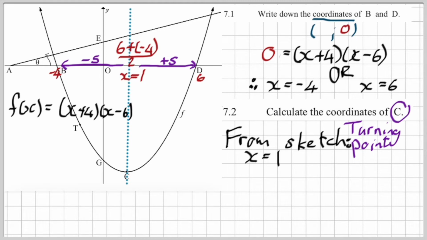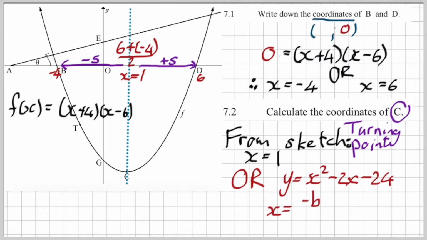So the second option that you need to know again how to use, actually there's 4 options, just saying, okay? The second option you can do is y equal to x squared minus 2x minus 24, where then I use x equal to -b over 2a, and that leaves me with x equal to 1.